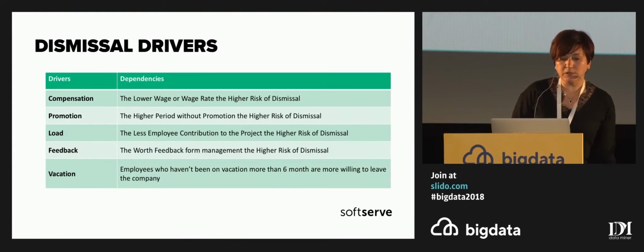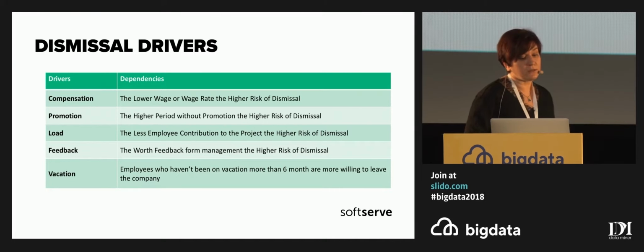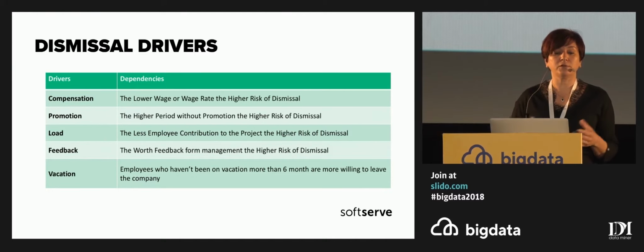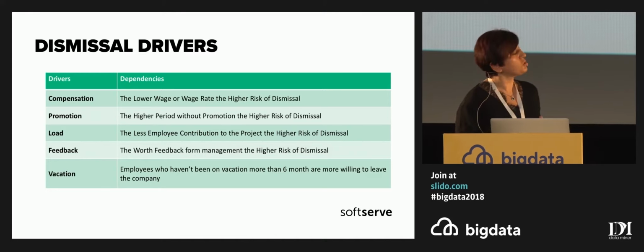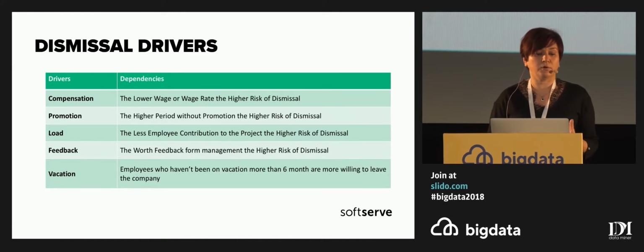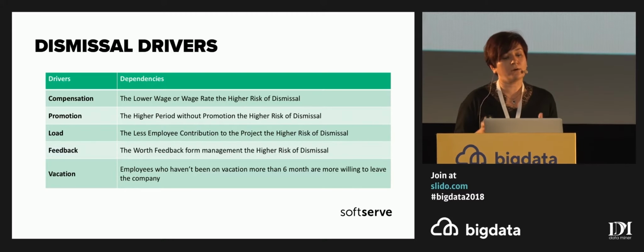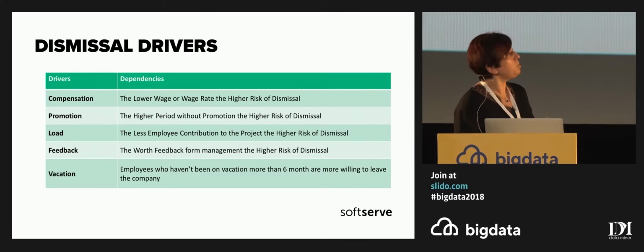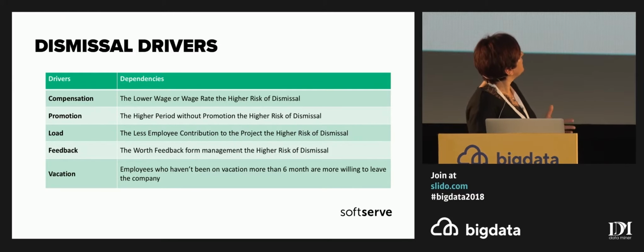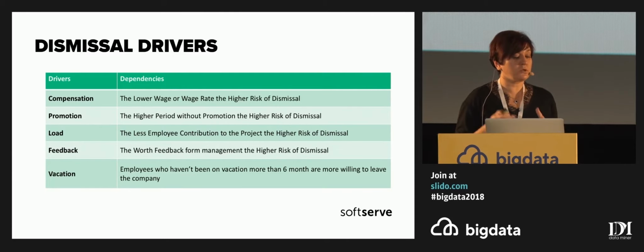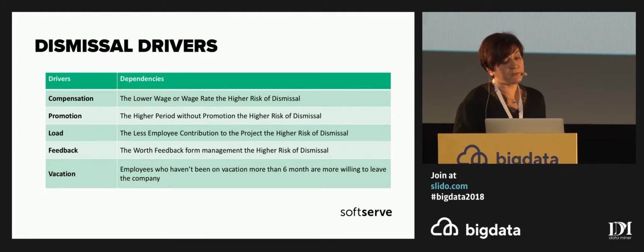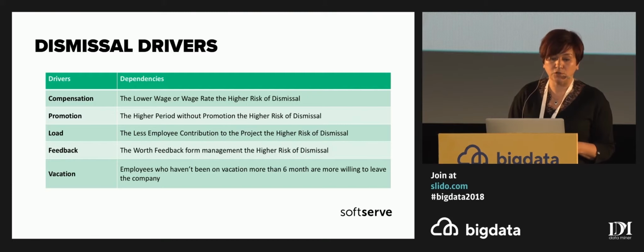So let me summarize. We defined 5 dismissal drivers: compensation, promotion, load, feedback, and vacation. The lower the wage rate, the higher the risk of dismissal. The longer the period without any promotion, in terms of salary or position, the higher the risk of dismissal.